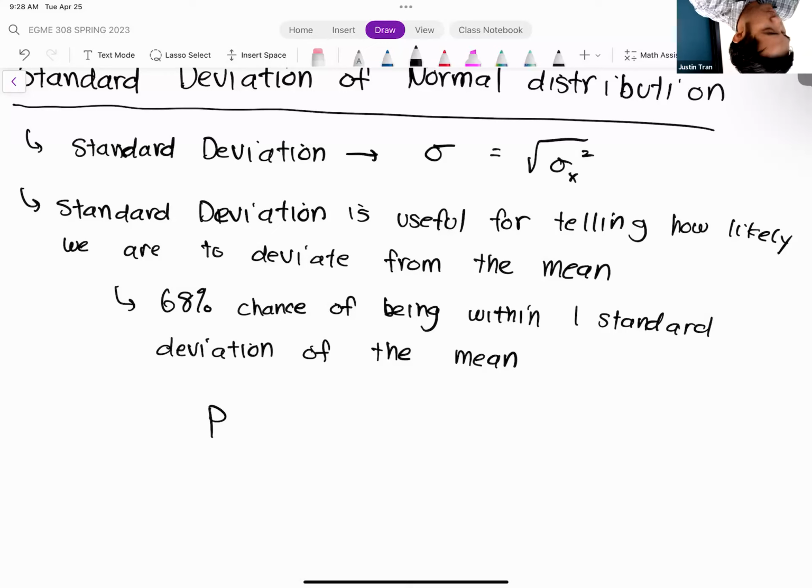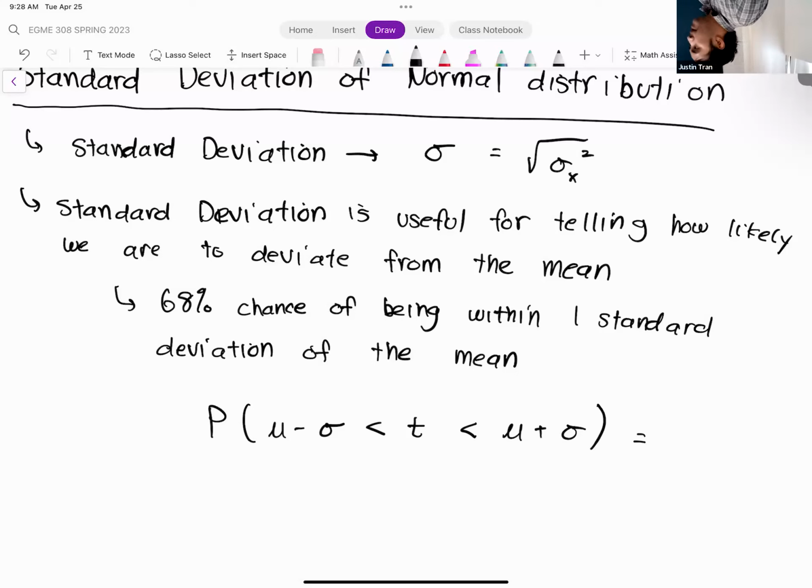In other words, the probability that mu minus sigma is less than t is less than mu plus sigma. So the probability that we're within this interval of the mean minus sigma and the mean plus sigma is about 68%. It's actually a decimal, 68.2347, something like that. We can just round to 68%.